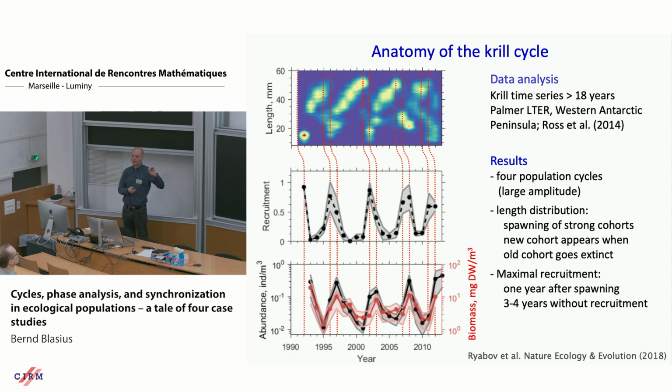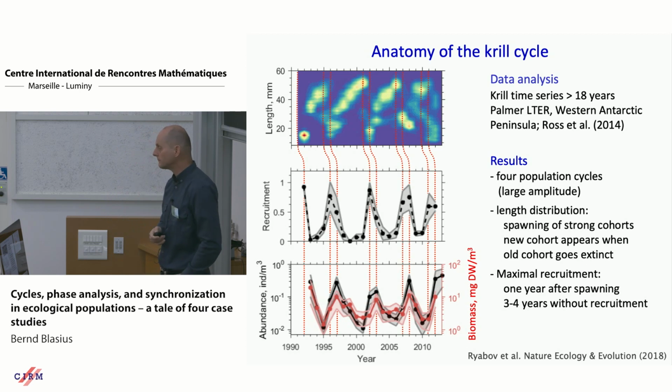It's not like in our phytoplankton system where the cells can just stay forever in the G1 phase. Here in the Southern Ocean, the juveniles, if they don't have enough food, they don't survive the winter and go away. So we have this dominant cohort, which totally doesn't allow juvenile krill to develop. And only when this cohort goes to small densities, eventually because they die, then there's enough food and a new cohort can start. So that's basically the mechanism.